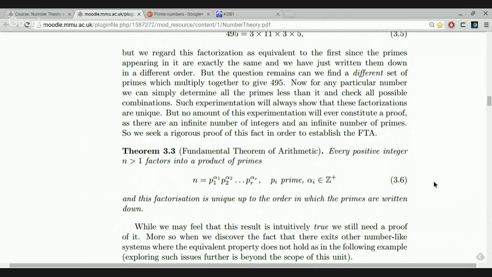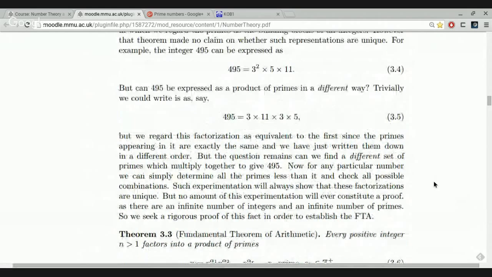The alpha i are positive integers, and that just records the power, the multiplicity of that prime as a factor of n. So in the 495 example, the 5 and 11 have alpha equal to 1, but for the 3, alpha equals 2, because 3 is a factor twice of 495. Okay.